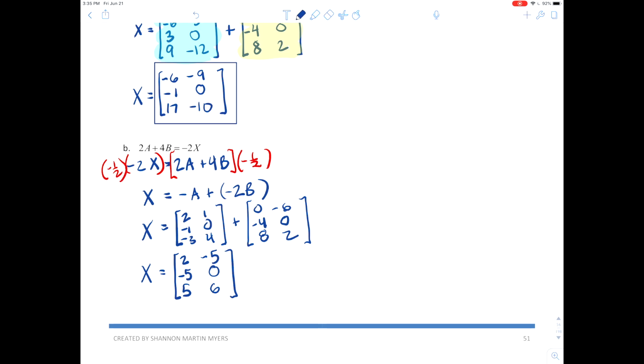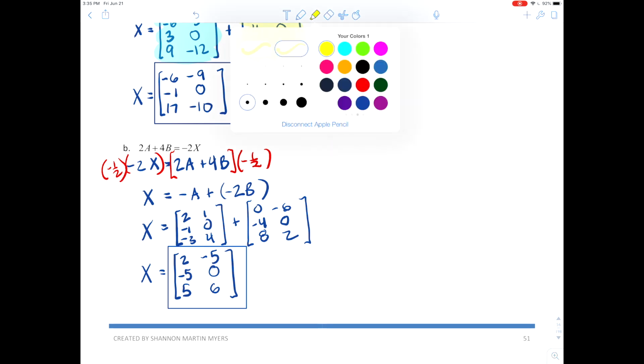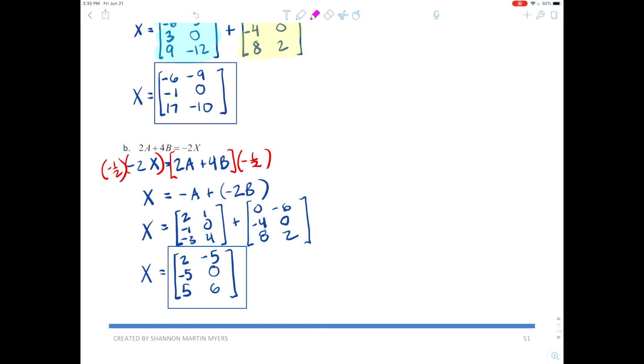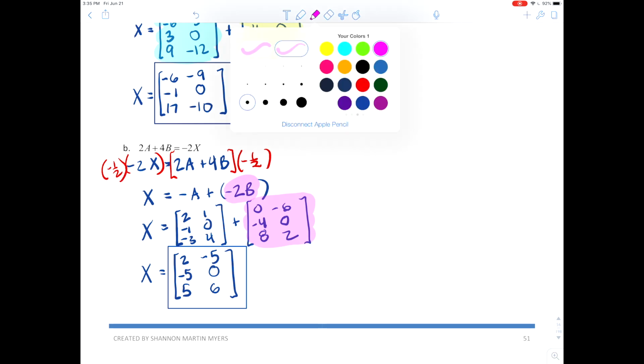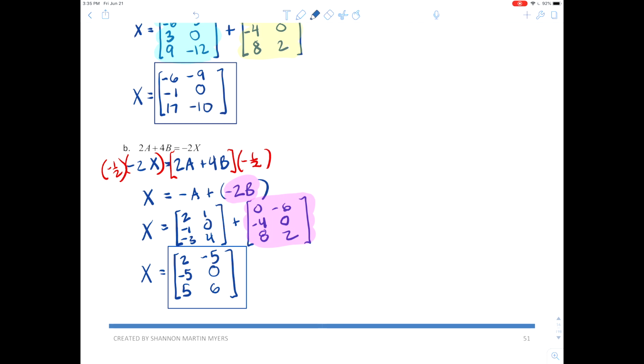How'd we do on this one? Awesome. Just so you can match it up, -2 times B was this matrix here, and -A is this one here.